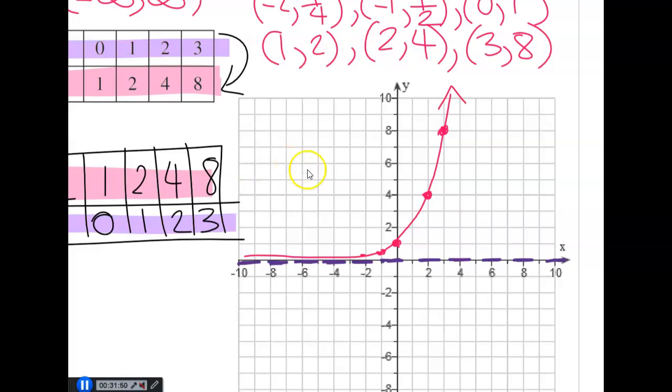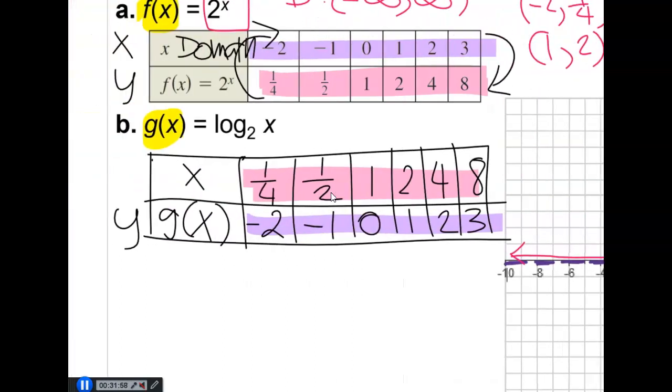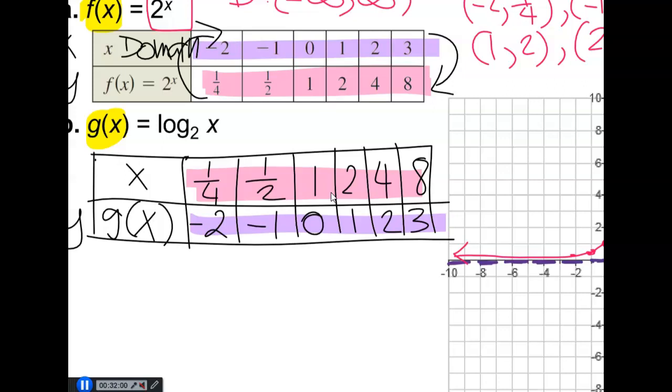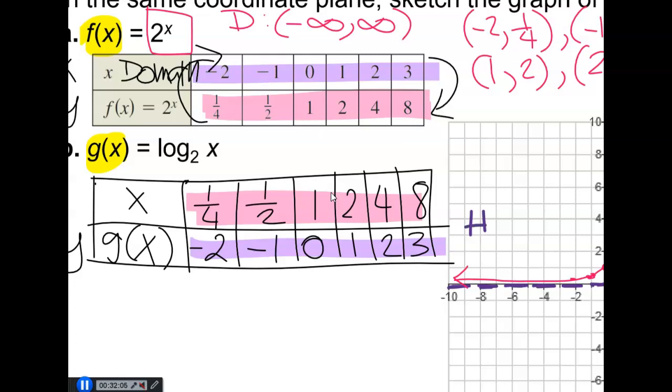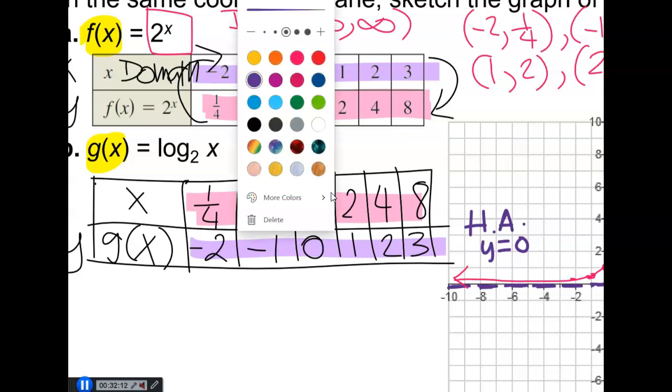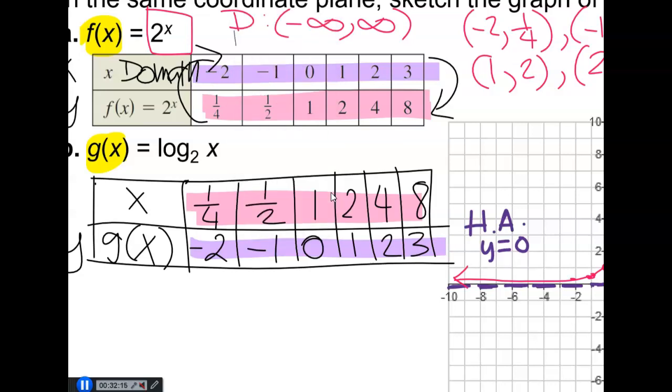Right? And for that reason, we know that for our range, first I'm going to write the equation here. Horizontal asymptote. It will be y = 0. Okay. And also the range, it goes from 0, without including 0, for y value is in fact an asymptote, up to infinity.